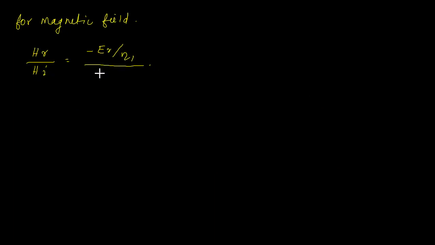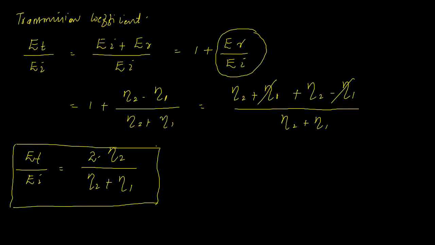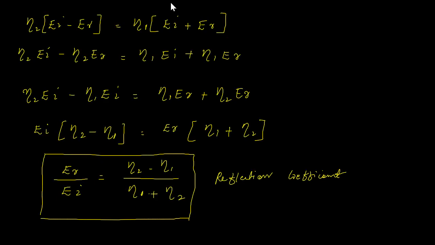Similarly, HI is EI upon eta 1. So eta 1 gets cancelled. So this is minus ER by EI, which is minus of the reflection coefficient in ER by EI.